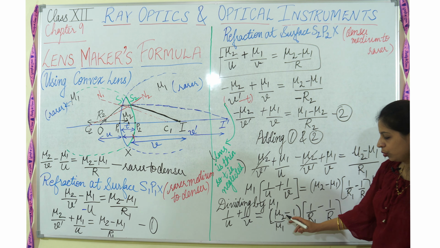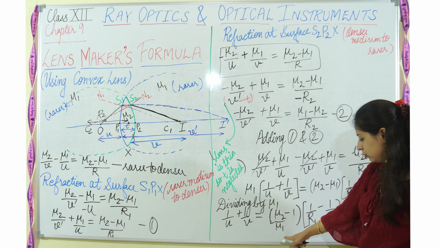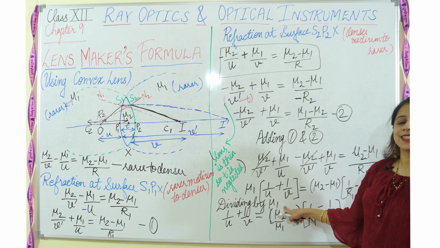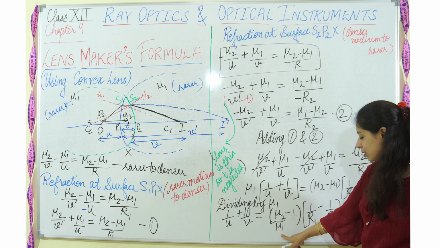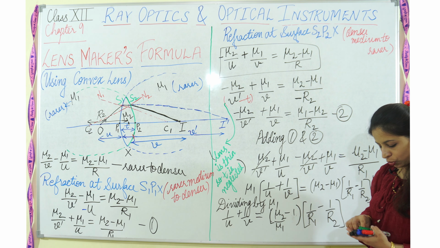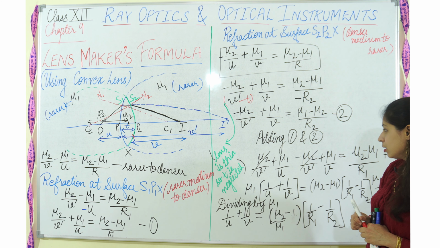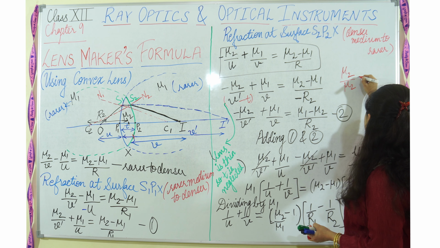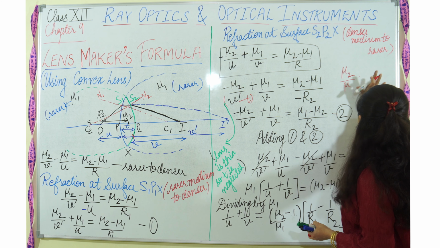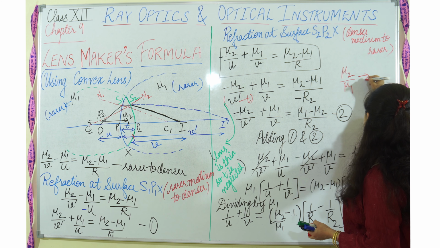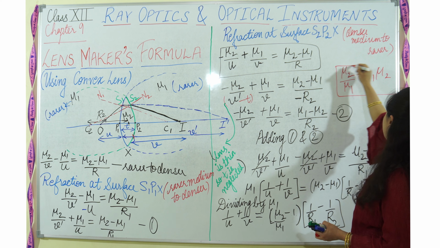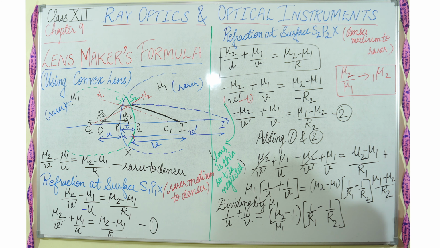So mu2 upon mu1 is the refractive index of the second surface with respect to the first. So mu2 upon mu1 can be written as mu21, the refractive index of second with respect to first.